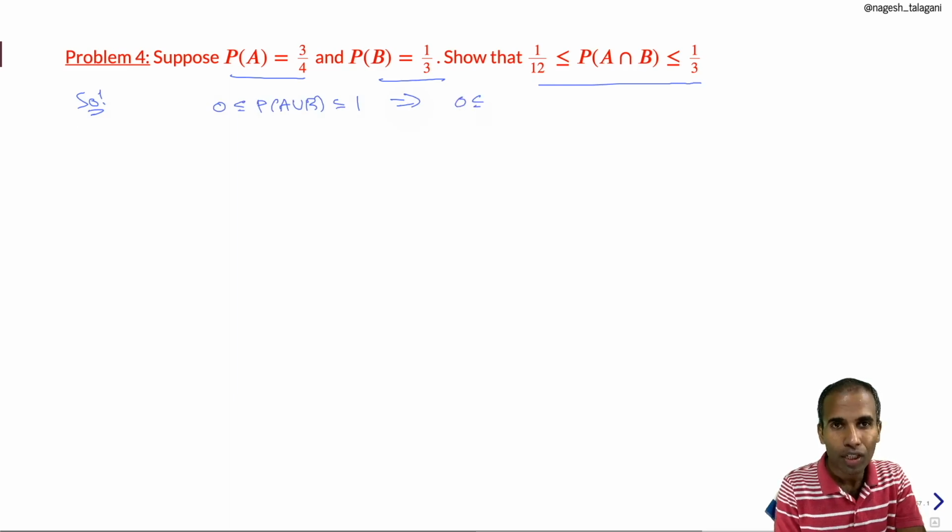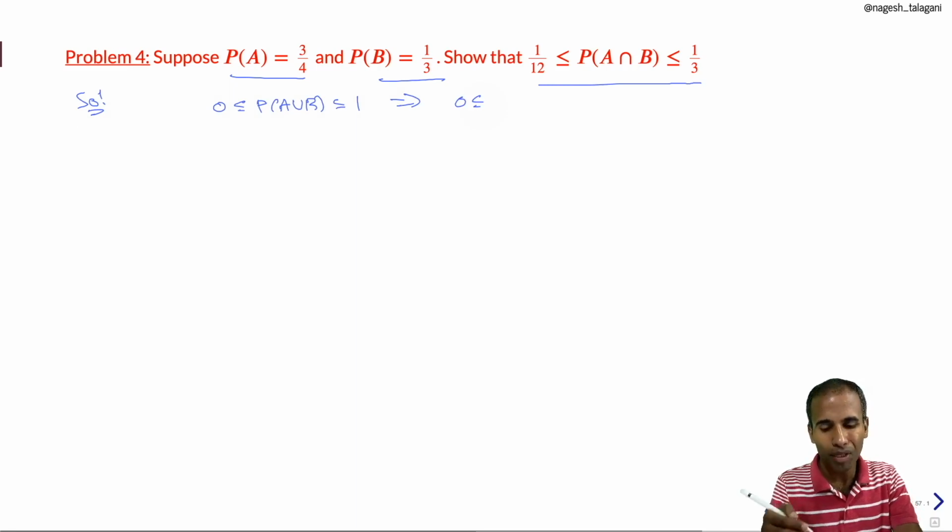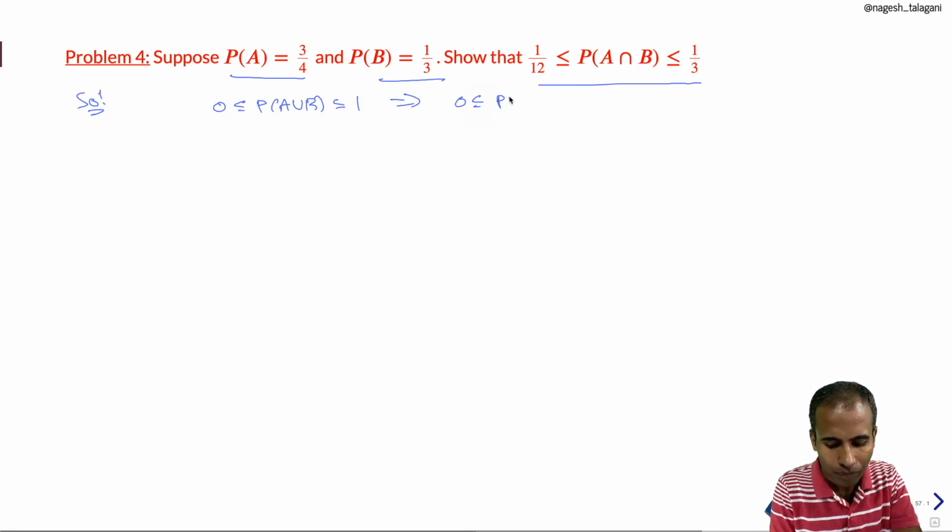And the probability of A union B, in terms of the probability of A, the probability of B, and the probability of A intersection B, is this: probability of A plus probability of B minus probability of A intersection B, which is less than or equal to 1.